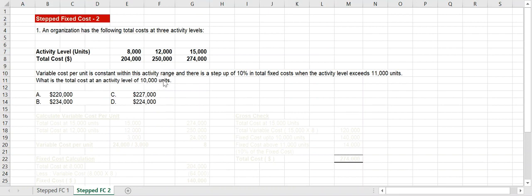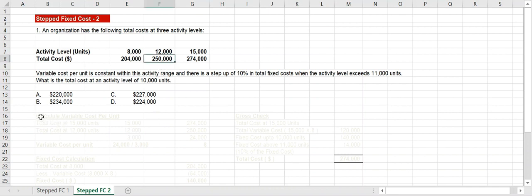Since a step up in fixed cost is given when exceeding 11,000 units, it's better to take the highest quantity of 15,000 and the lowest quantity of 12,000 to identify the variable cost, because under the high-low method you should take the highest quantity and the corresponding total cost, then subtract the lowest quantity with the corresponding total cost.